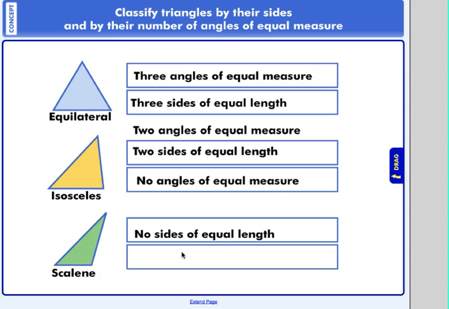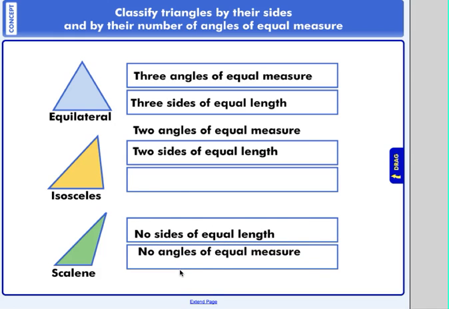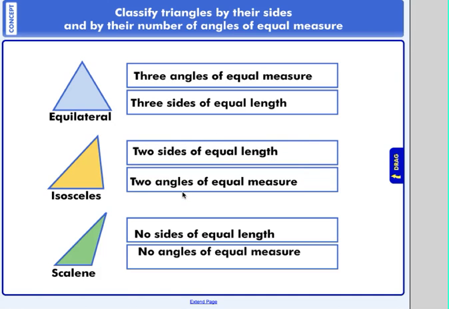Now, just like the equilateral, the angles and the sides are related. So if there's no sides of equal length, it means that there will also be no angles of equal measure. And if there are two sides of equal length, that means there will be two angles of equal measure. The angles and the sides work together.